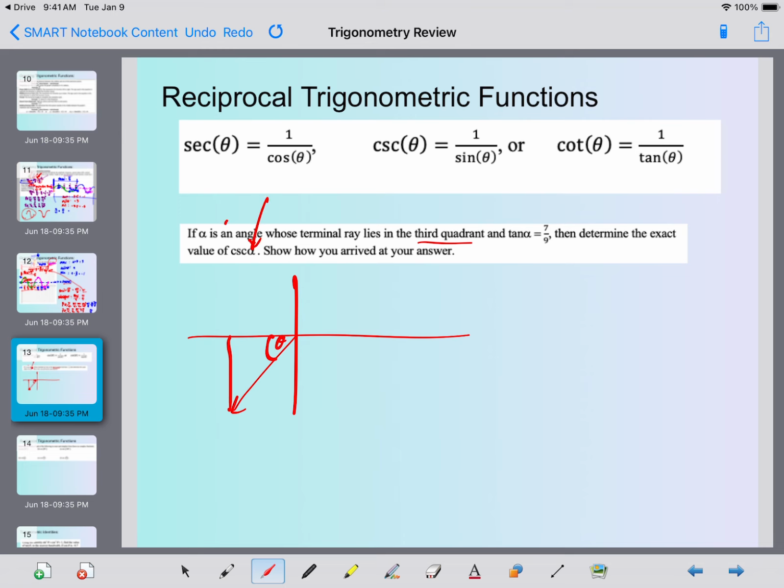So rather than use theta, technically you should use alpha, but it's not going to make it wrong. In SOHCAHTOA, what is TOA? Opposite over adjacent. So your opposite will be 7. Your adjacent will be 9.